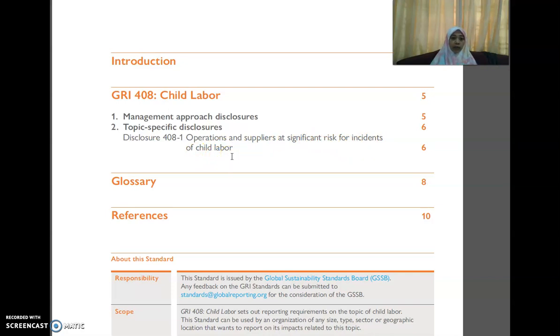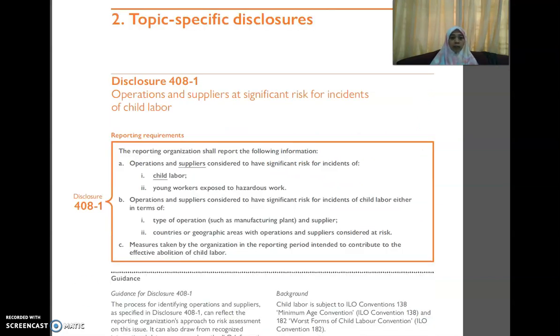What are the things that companies need to report? The guideline provides that the reporting organization shall report the following information: operations and suppliers considered to have significant risk for incidents of child labor, young workers exposed to hazardous work, either in terms of type of operation, countries or geographic area, and measures taken, and so on.